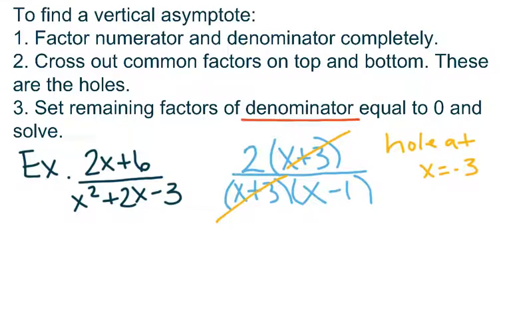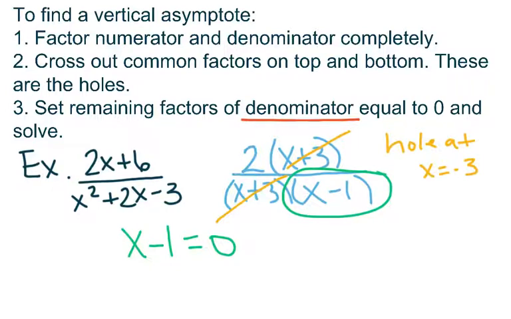I'm not finding a hole, I'm finding a vertical asymptote. So once I have crossed out anything it has in common, I'm going to set the remaining factors of the denominator. So that's the only one I have left, x minus 1. I'm going to set that equal to 0 and solve. If there were multiple ones, then you would set all of them equal to 0 and solve.